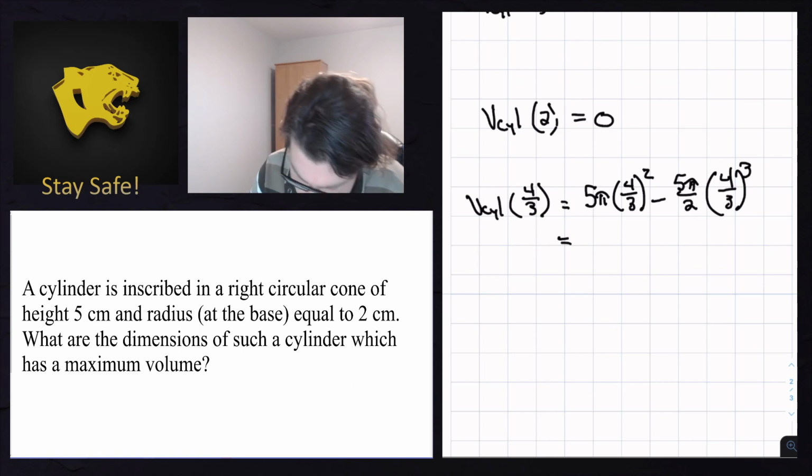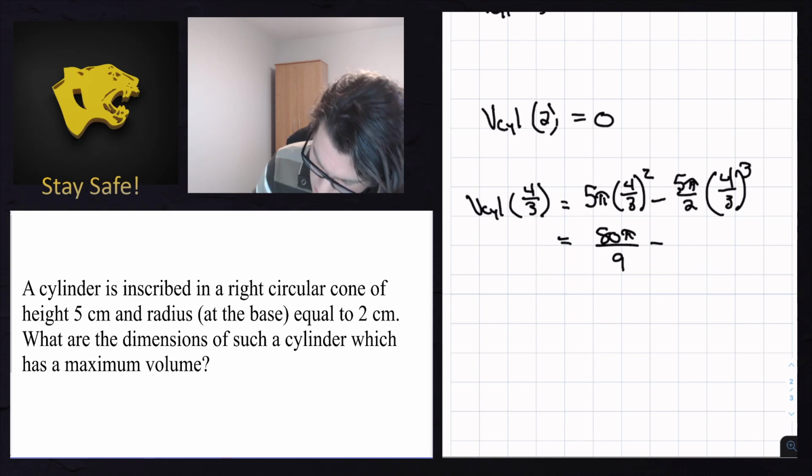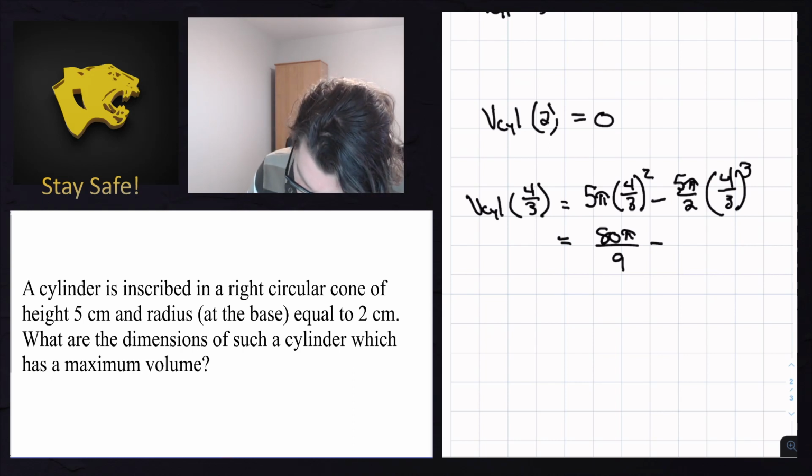So 4 squared is 16 times 5 would be 80. So it's 80 pi over 3 times 3, which is 9. And then on the other part we have 4 cubed, which is 64 times 5 would be 320.